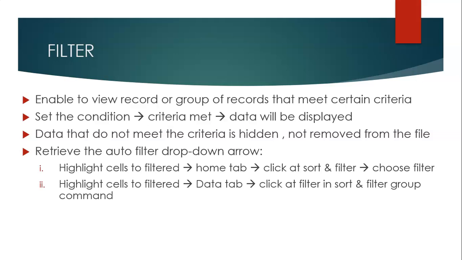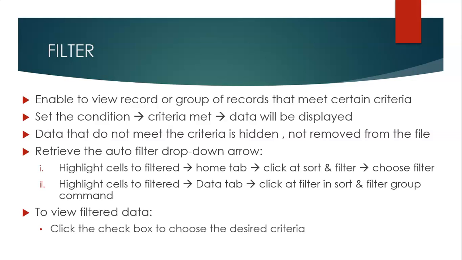Or you can use the Data tab: again highlight the cells first, go to the Data tab, and click Filter in the Sort and Filter group. To view the filtered data, just click the checkbox for the desired criteria, meaning which data is to be displayed.